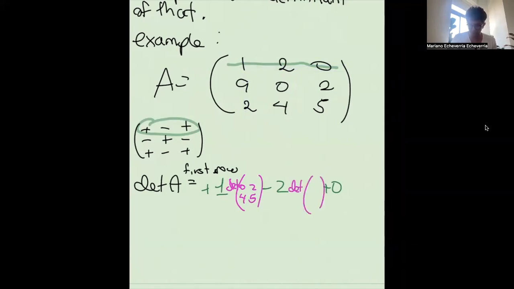Then for another one, you delete the column and row to which 2 belongs. You get 9, 2, 2, 5. For the last one, it obviously doesn't matter too much because there's a 0 in front of it, but I will still write it so that you can see what it gives you. It's 9, 0, 2, 4.